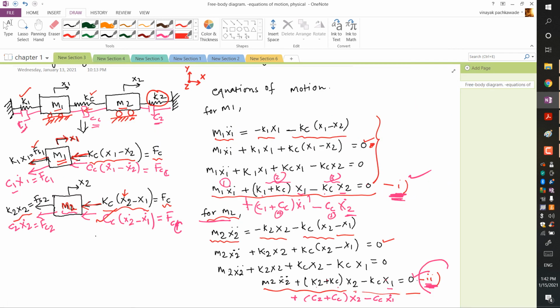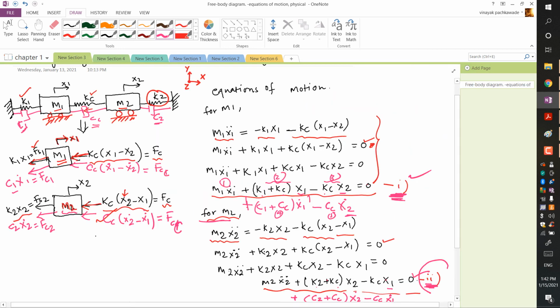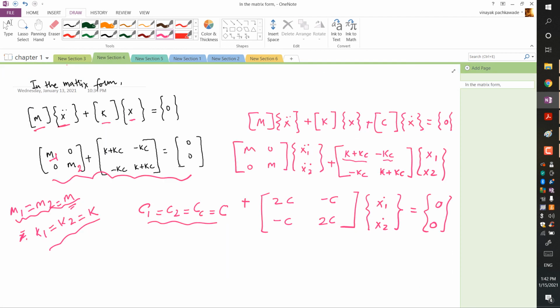Let us check once again: x1 dot has 2c and x2 dot has minus c, and for mass 2 we have 2c and minus c. Okay, makes sense.